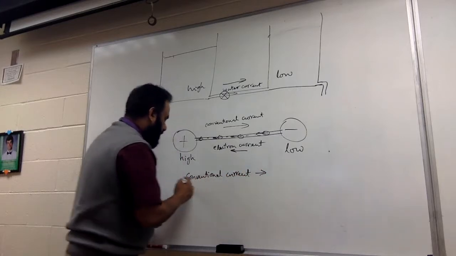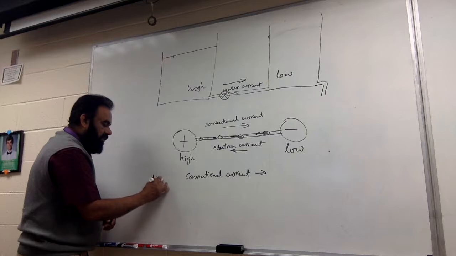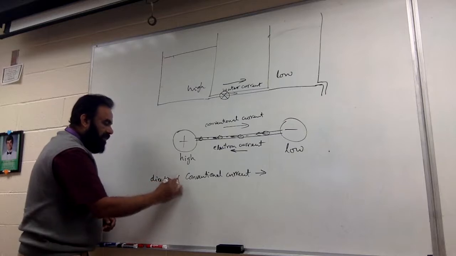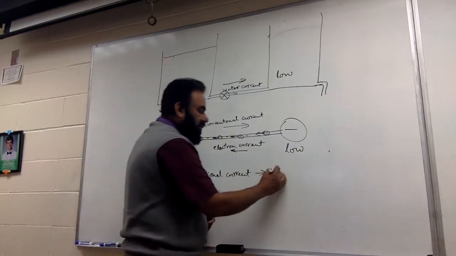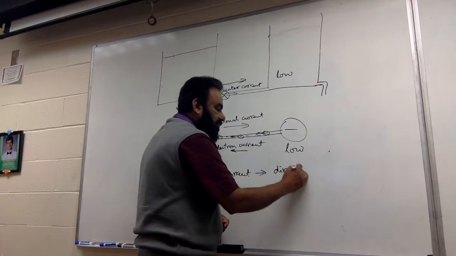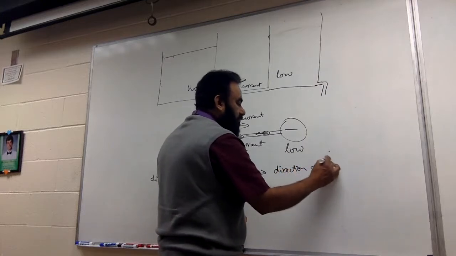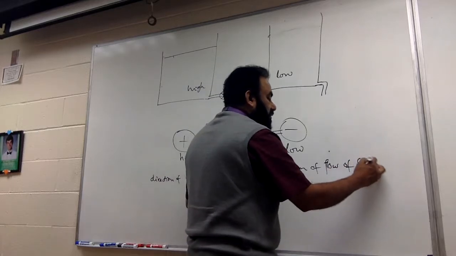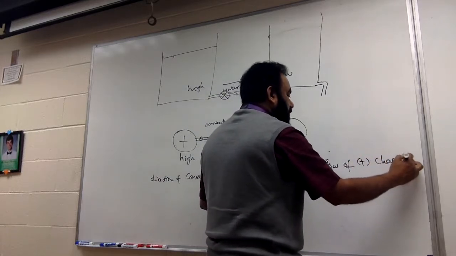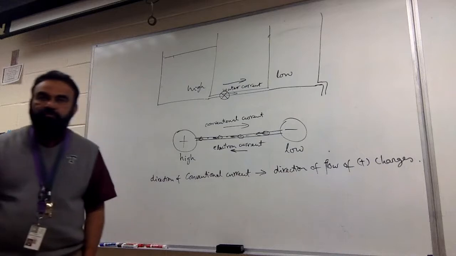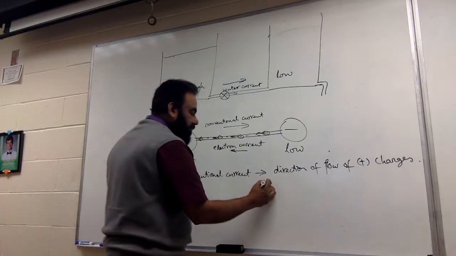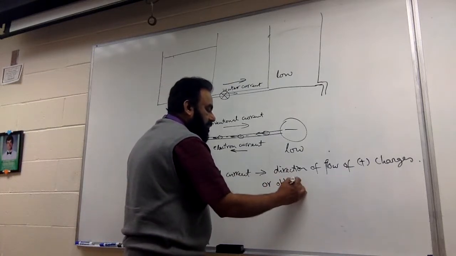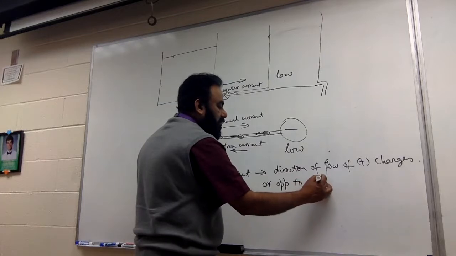The direction of conventional current is defined as the direction of flow of positive charges, or opposite to electron flow.